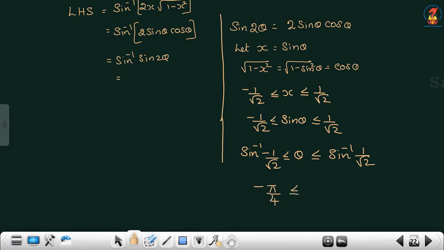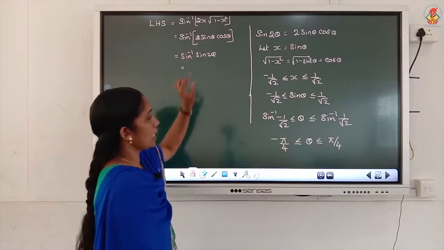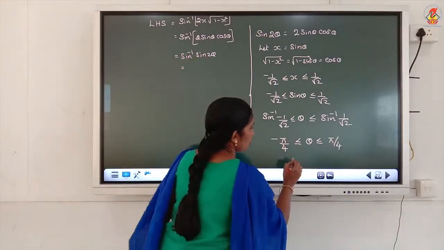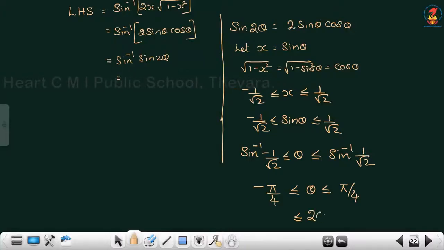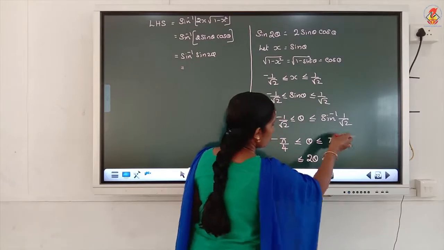Sine inverse range is minus 90 to 90. So if a negative value comes here, we have to write the negative of the acute angle. So minus pi by 4 is less than or equal to theta, which is less than or equal to pi by 4. But here we have 2 theta, not theta. So multiply by 2, here also multiply by 2.